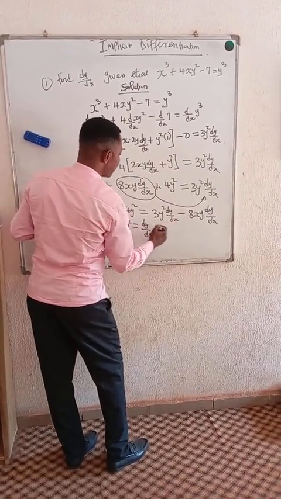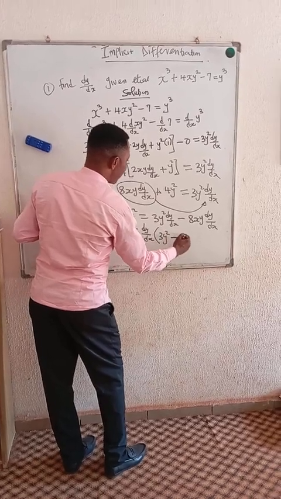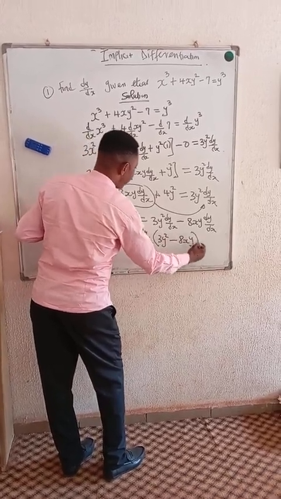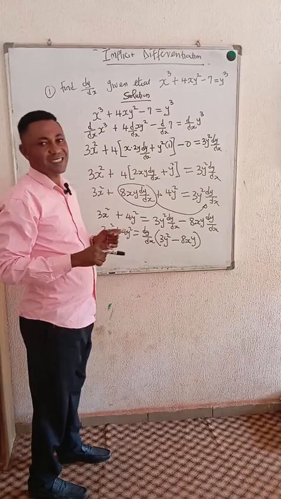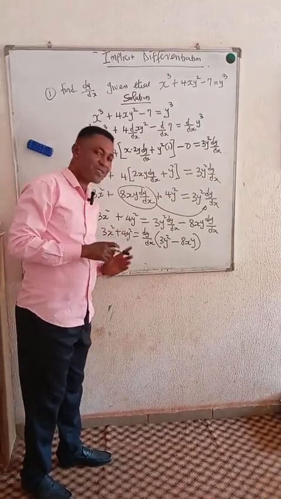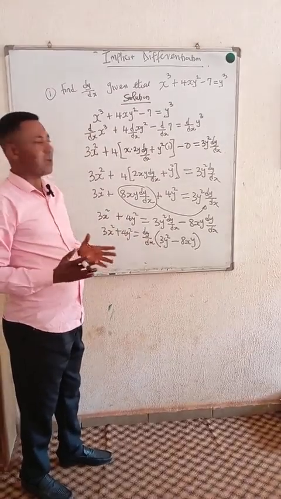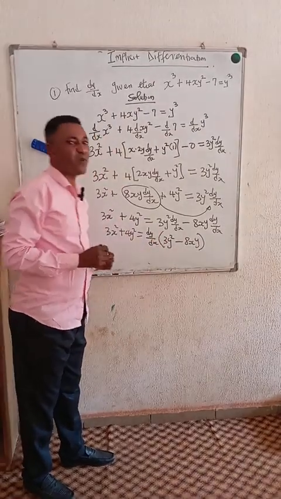Factoring out dy/dx, we now have 3y squared minus 8xy. And mind you, what is our target? They say find dy/dx.